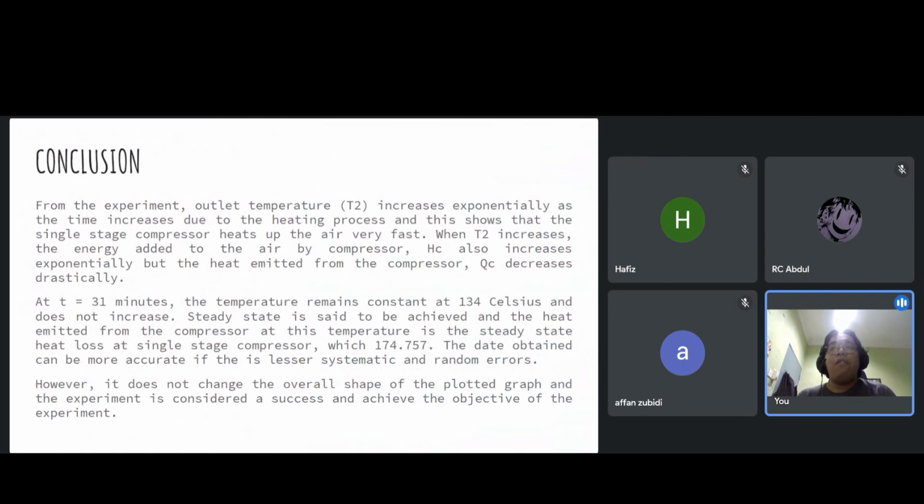So next slide. What can we conclude from the experiment? Well, the outlet temperature T2 increases drastically as time increases due to the heating process. This shows that the single stage compressor heats up the air very fast. When T2 increases, the energy added to the air by the compressor Hc also increases exponentially, but the heat emitted from the compressor Qc decreases drastically.